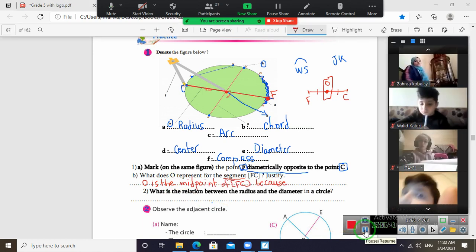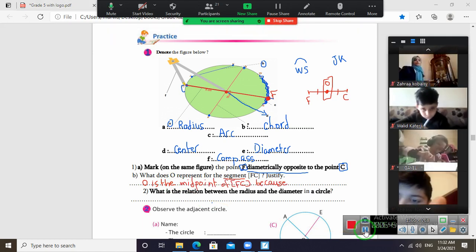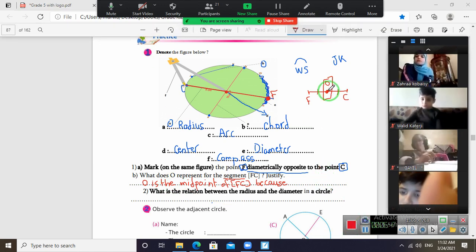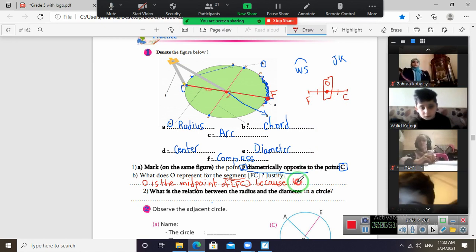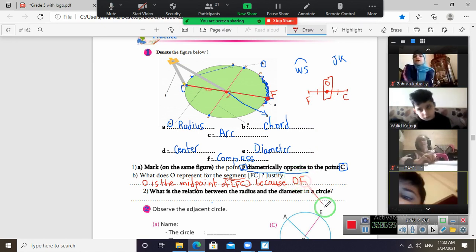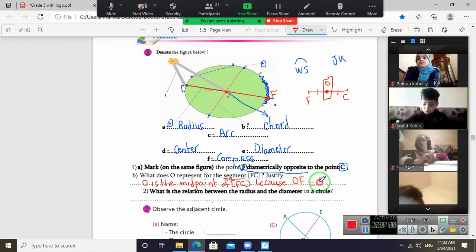When you look at O, F, C, and O is in the middle, what do you see now? OF is equal to OC. FC is equal to 2 times OC.